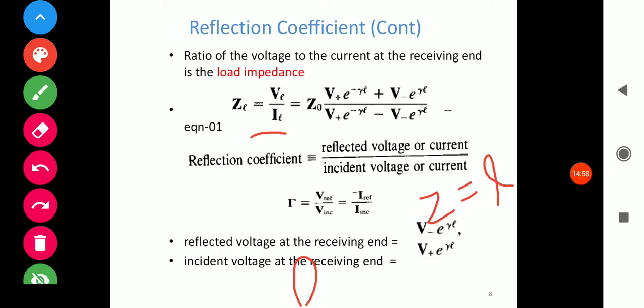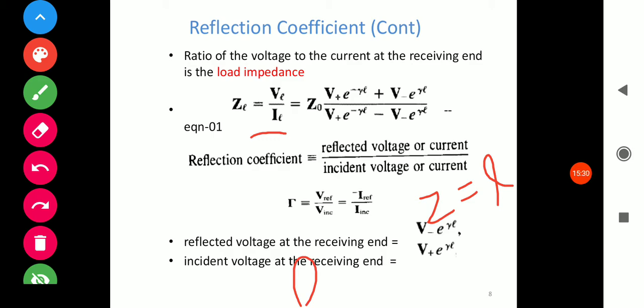Using this load impedance and the characteristic impedance, we have to derive an expression for the reflection coefficient. So what is the reflection coefficient? It is the ratio of the reflected voltage divided by the incident voltage, similar to an efficiency formula. We quantify the reflected voltage divided by the incident voltage.